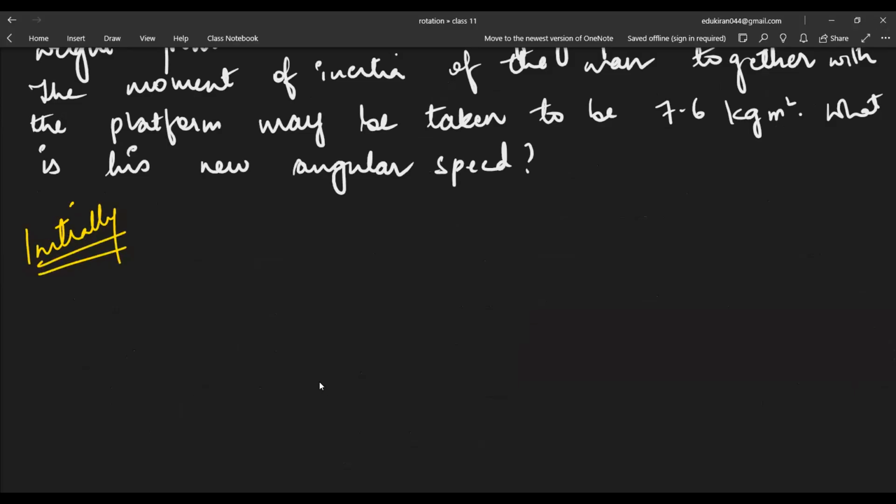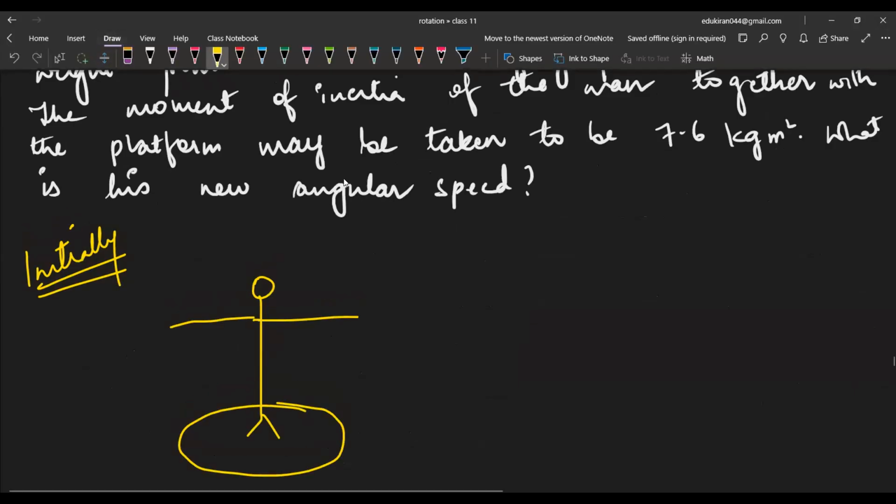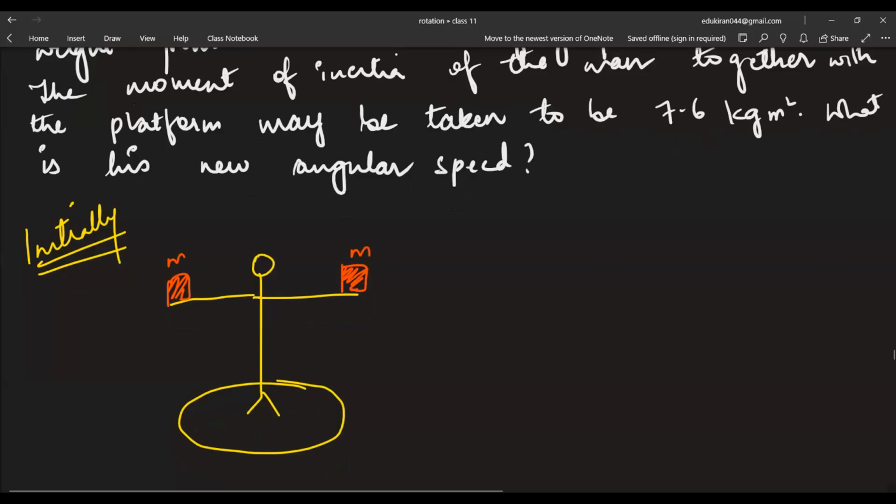Initially, there is a person standing on a rotating platform with the arms stretched out. There are two weights, each 5 kg, held with the arms completely stretched. Correct?